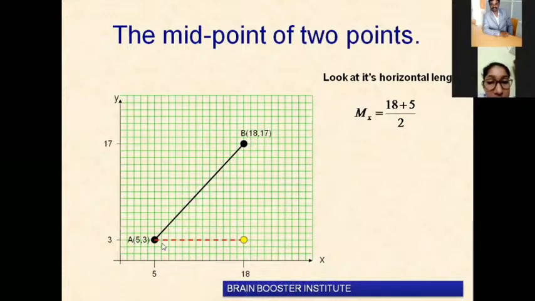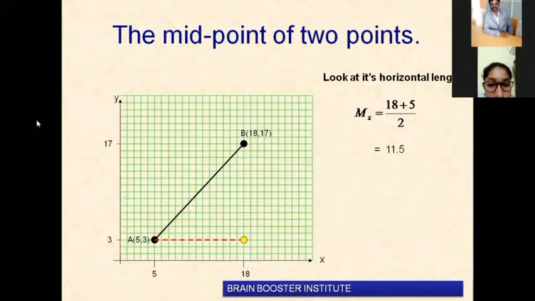This one is 18 and this one is 5. For example, this point is 5 comma 3. What is its x coordinate? 5, sir.